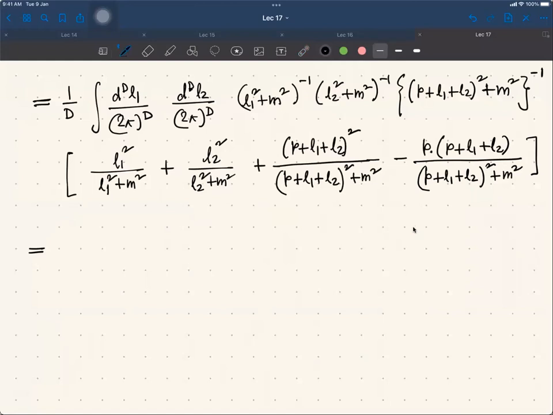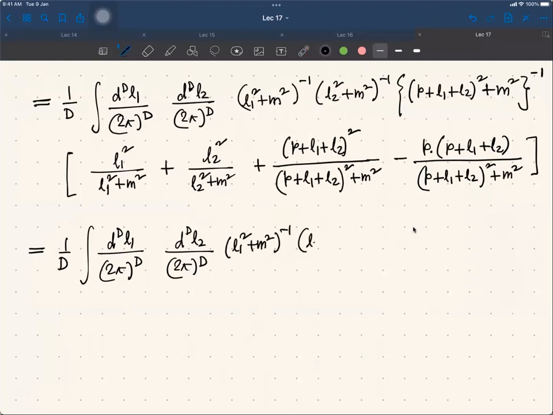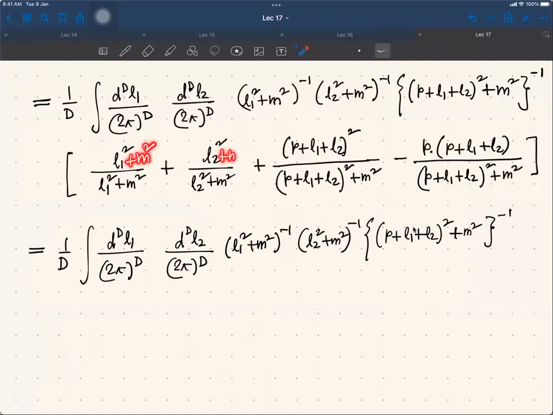Now, the another manipulation that I will do in this step is as follows, which is I add m square upstairs to every term, right?